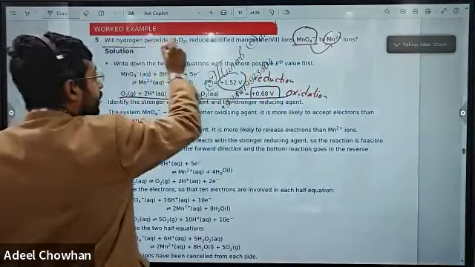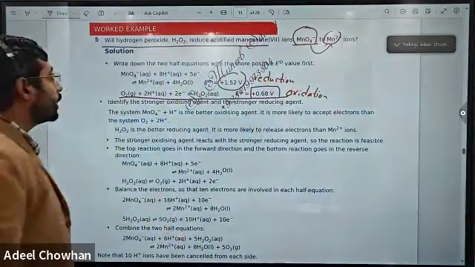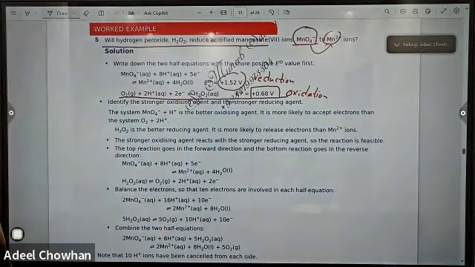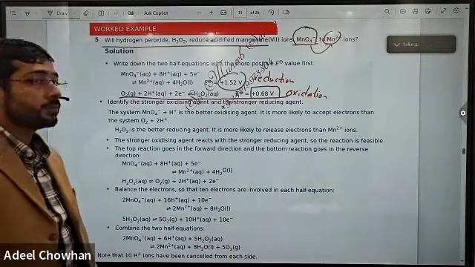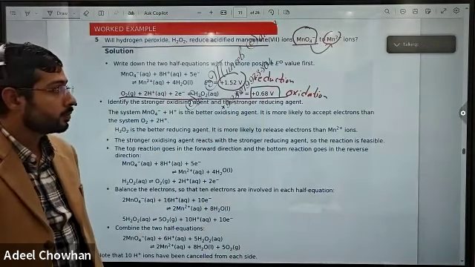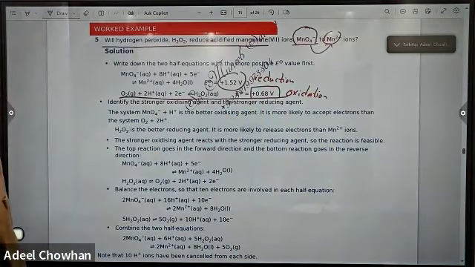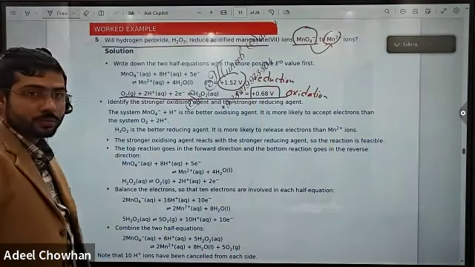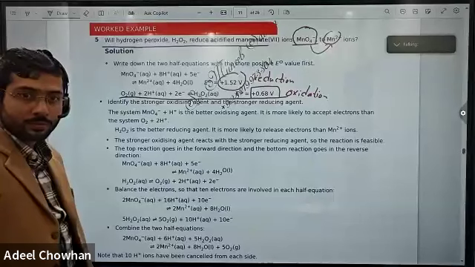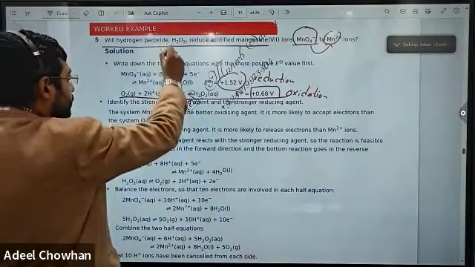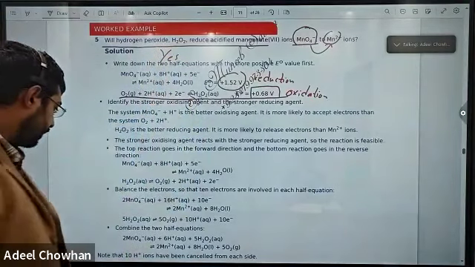Now, what do you say about this statement? Will hydrogen peroxide reduce MnO4-? Yes, the answer is yes. Very good. So the reaction is feasible.